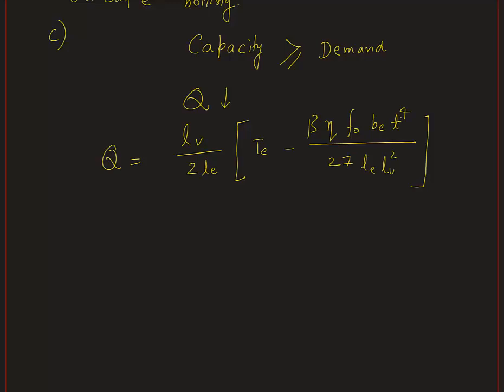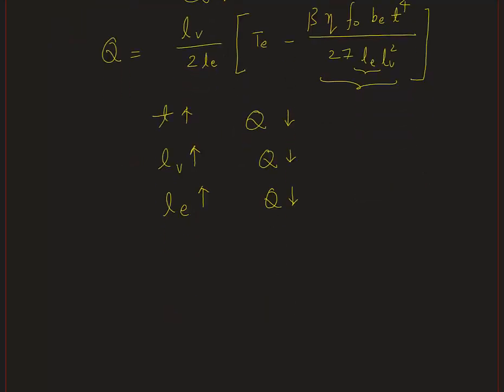One solution is we can increase the t value. If this term increases, overall this term decreases, then the Q value will decrease. Another thing we can do is increase Le or Lv. If we increase Lv, Q will decrease, or if you increase Le, the Q value will also decrease.